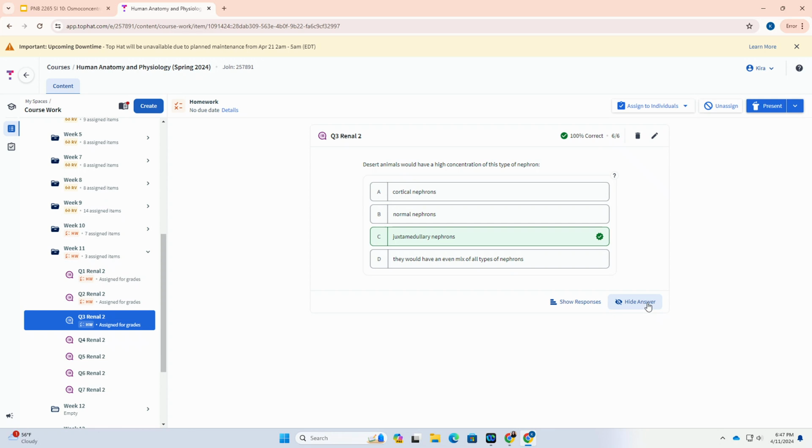So juxtamedullary nephrons go further into the medulla, where there's a higher concentration gradient, which helps draw even more water out of the urine into the blood. So you're conserving water.